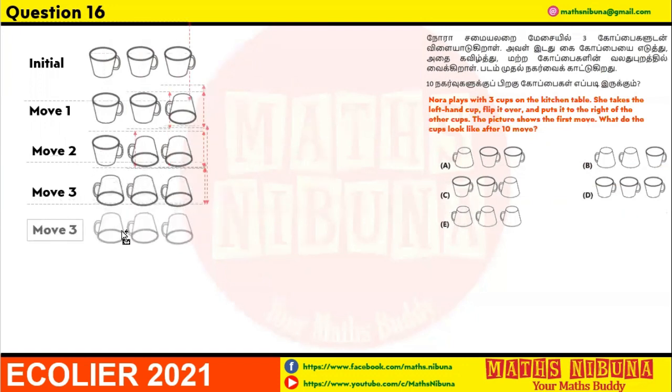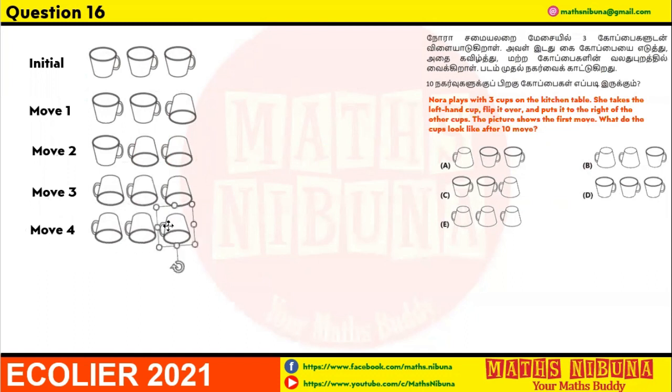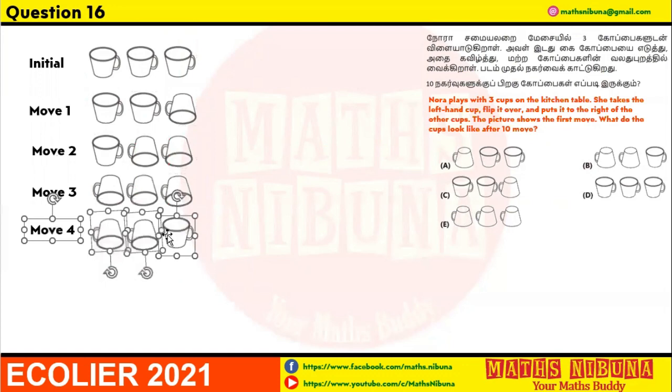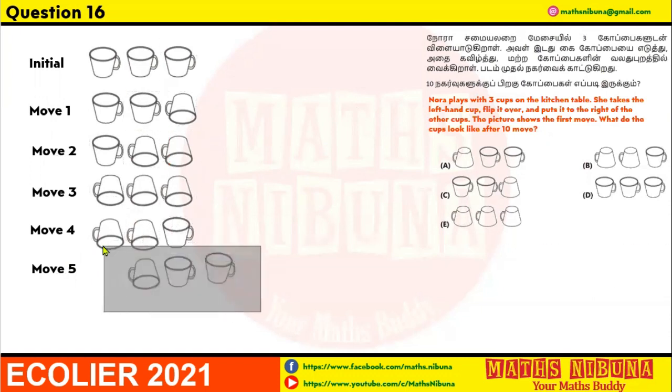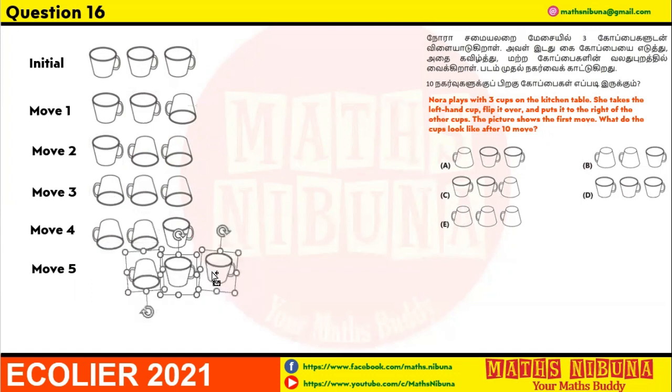Then number 4: we get this one, put it at the back and flip it. It becomes a straight, normal position. And then move number 5: I take this one, put it here, and flip it. Then the cups are like this now.